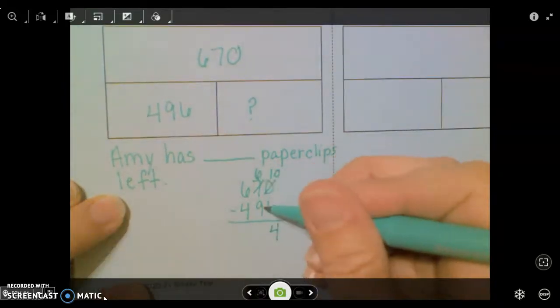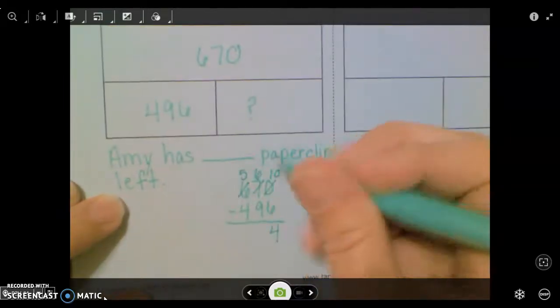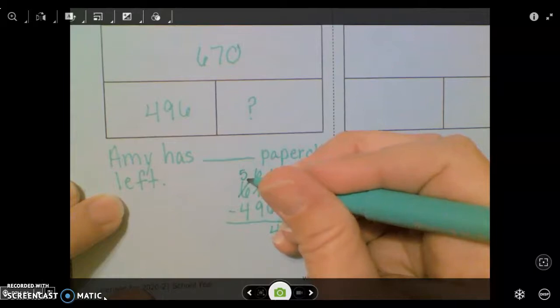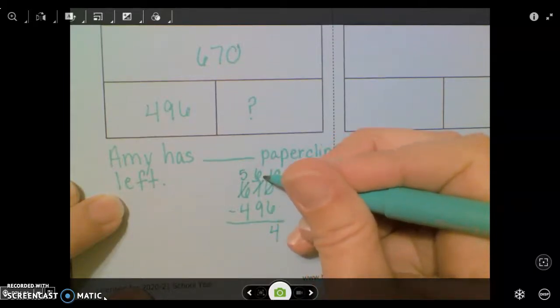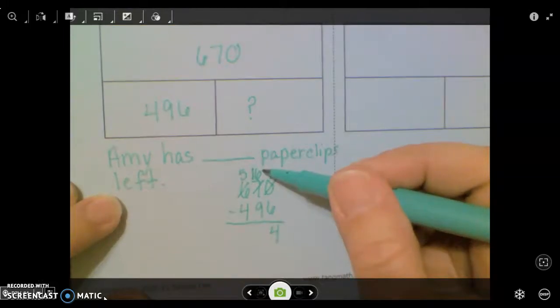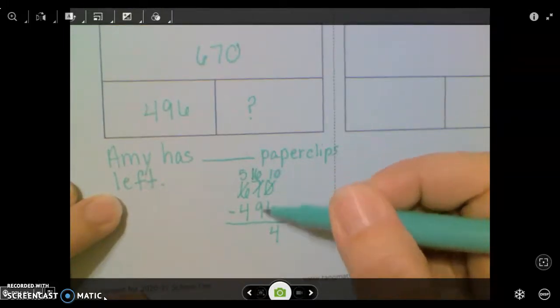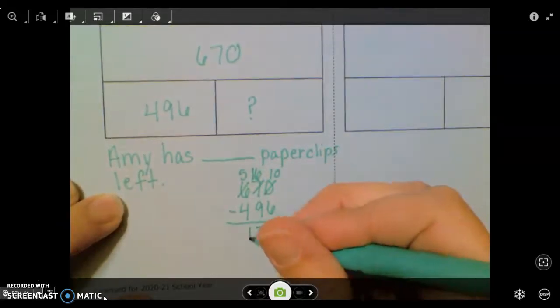6 minus 9 I can't do, so I have to borrow from next door again. So if I borrow 100, I regroup that as 10 tens. I already have 6 here, so that gives me 16 tens now, because the 10 tens I regrouped plus my 6 tens that are already there. Now I can do 16 minus 9 is 7, and 5 minus 4 is 1.